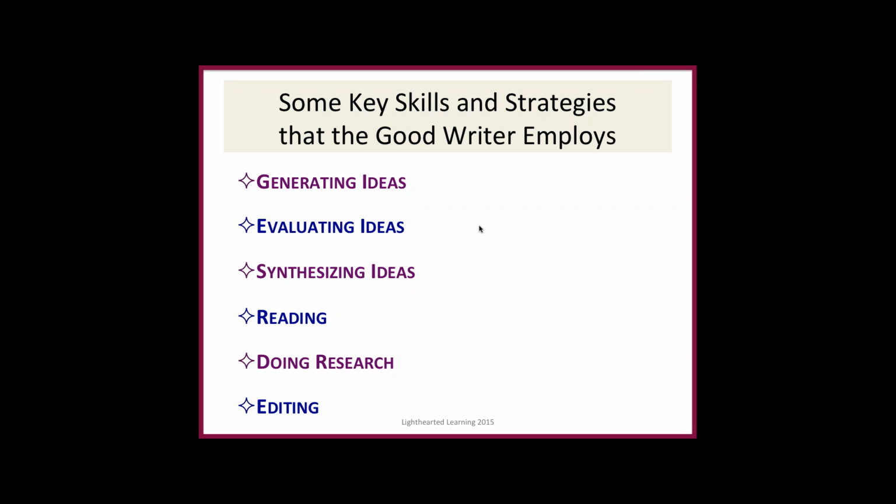There is no writing instruction without reading instruction. Learners need to read extensively and closely in order to be able to write well. Doing research and the ability to edit, these are very high-level skills for academic and career readiness. So these are the skills and strategies that we need to include in our teaching.